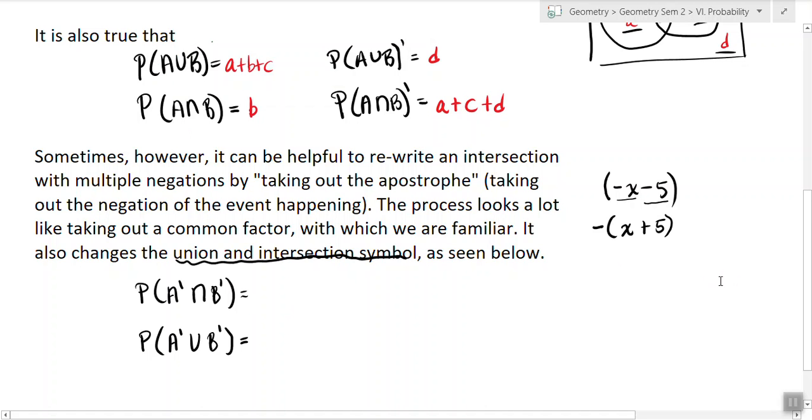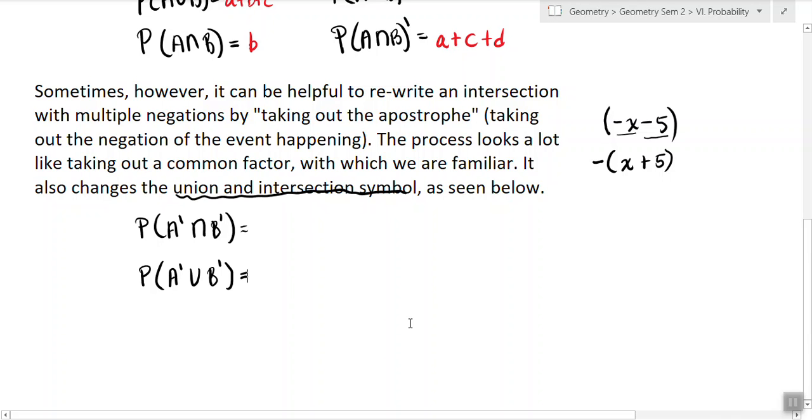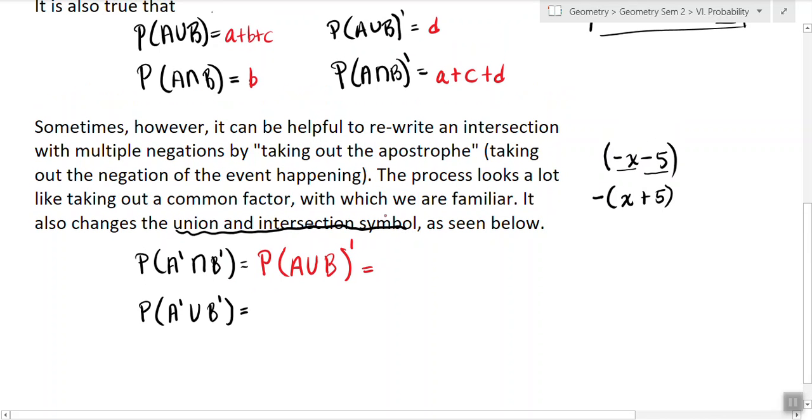So, not in A intersected with not in B. Well, if I take out an apostrophe, I'm going to take it out and write it on the outside of the parentheses to stay consistent with what we've seen in the past. So that A prime becomes A, the intersection symbol becomes a union, and the B prime becomes a B. So actually, we already know that one, and that one is just letter D.